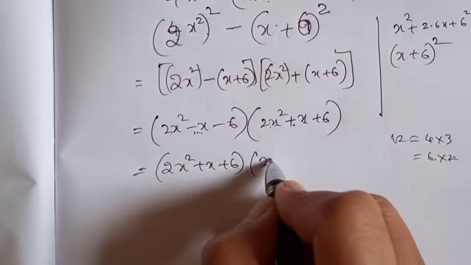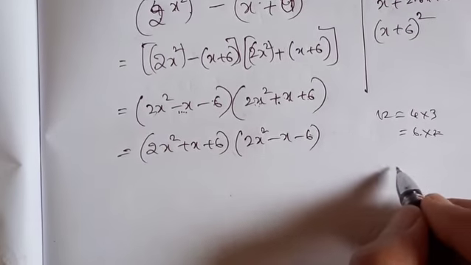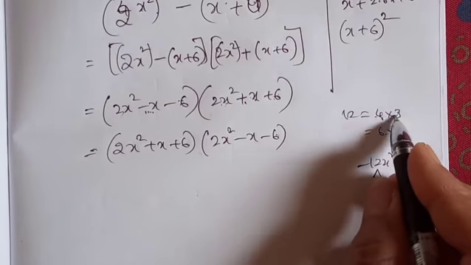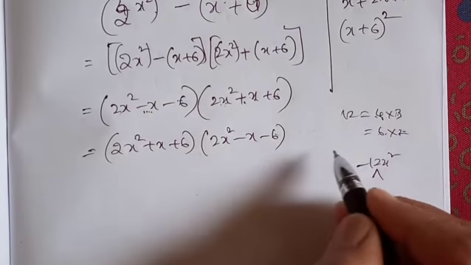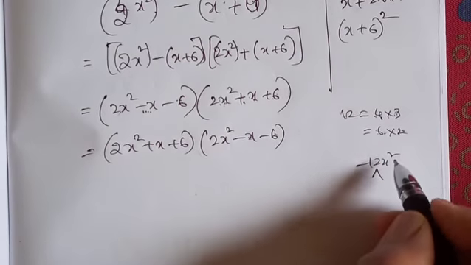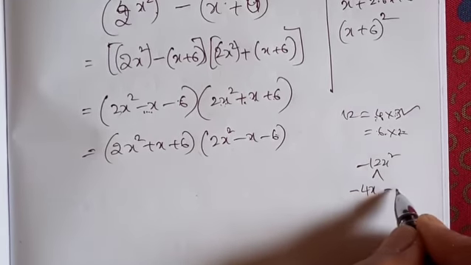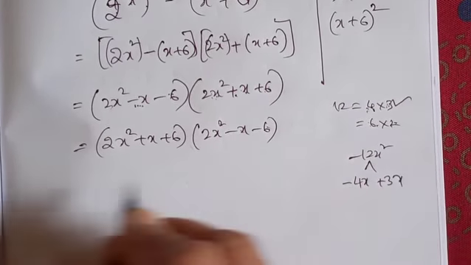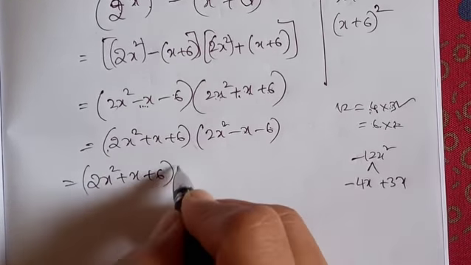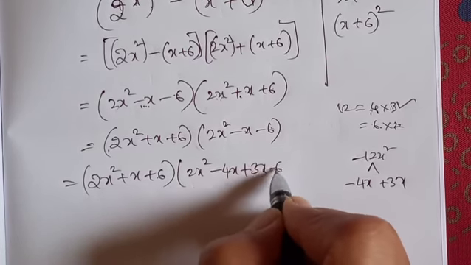Next we will try to split this trinomial, minus 12x square. For minus 12x square we can take the factors 4 and 3. 6 minus 2, 4x is not there, 6 plus 2, 8 is not there. So this will be applicable: minus 4x plus 3x. This remains the same, 2x square plus x plus 6, and here 2x square minus 4x plus 3x minus 6.